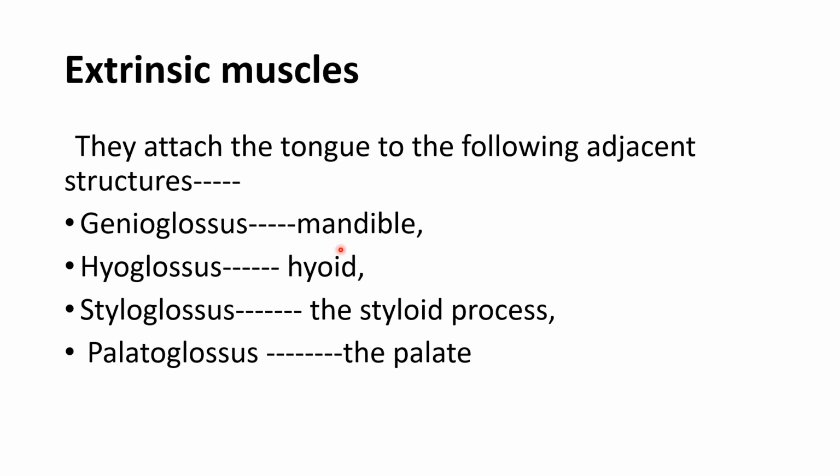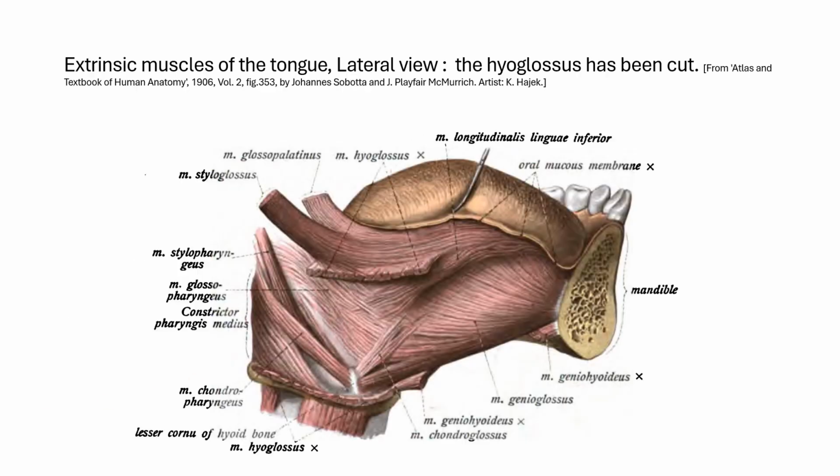So when you see the extrinsic muscle genioglossus, it means it is attaching the tongue with the mandible. Hyoglossus means the attachment of the tongue with the hyoid bone. Styloglossus means it is attaching the tongue with the styloid process, and palatoglossus means it is attaching to the palate.